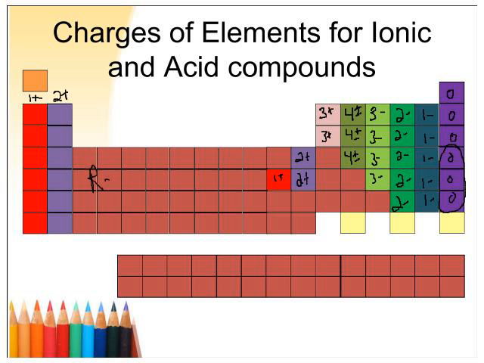These use Roman numerals, meaning that their charges can change. If you look at the elements in the middle of the periodic table, all the transition and inner transition metals, they tend to be very colorful metals. And that's because they can have more than one charge.